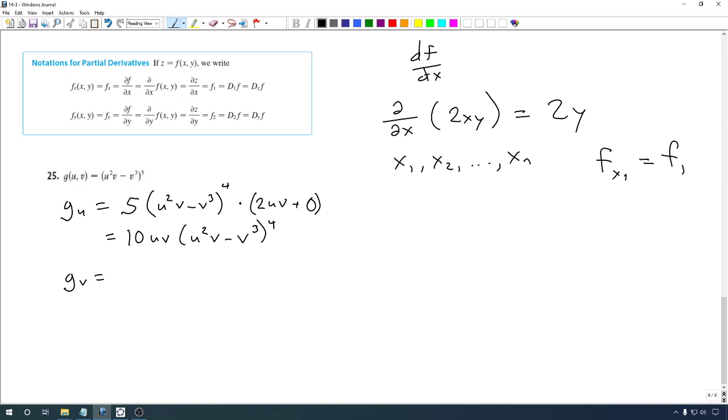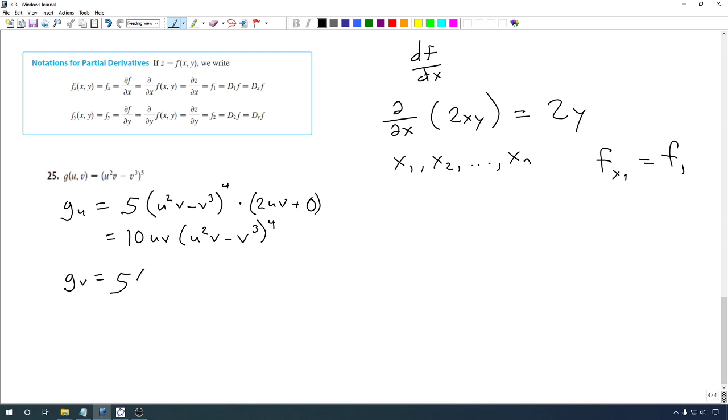What about with respect to v? We do exactly the same kind of thing, except now we are going to treat u as our constant and v as our variable. That actually doesn't change this very first part of taking the derivative of the outside function, because we still have to use the chain rule here.